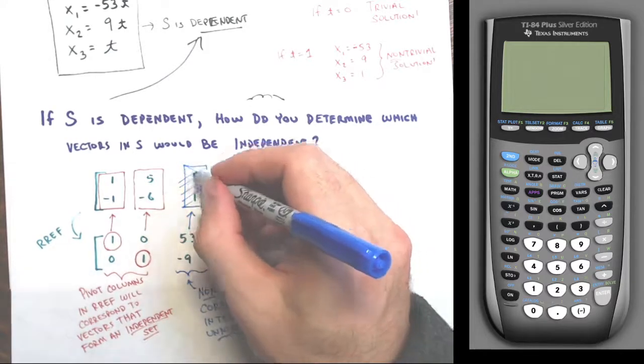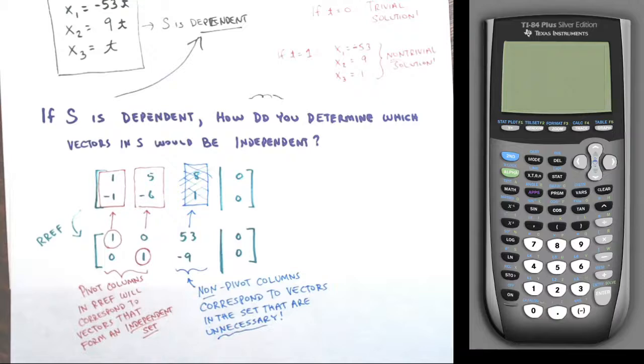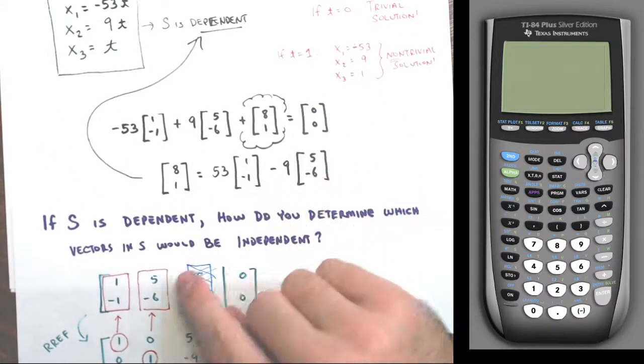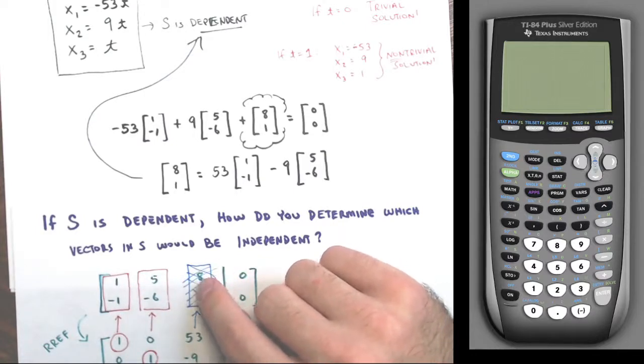So again, I can scratch out the vector 8, 1. And you saw earlier, 8, 1 can be written as a linear combination of this 1, -1, and 5, -6. So again, it's really not needed.